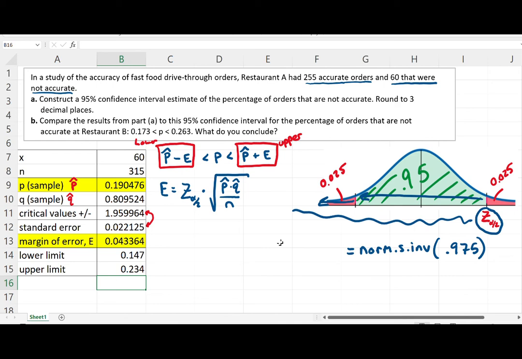Okay, so there's our answer. Let's make this green so it's the final answer. Our 95% confidence interval estimate for the true percentage of all orders that are not accurate would be between 0.147 and 0.234.